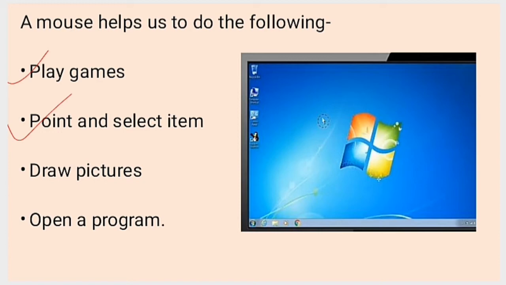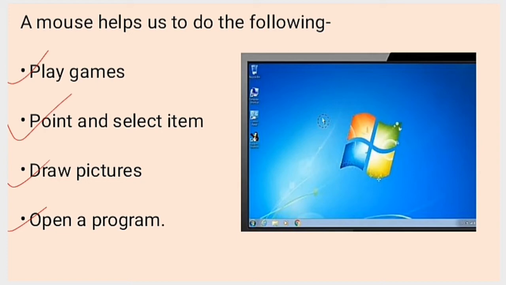Basically, it is used to point any object on the screen or to select any object on the screen. With the help of mouse, we can draw pictures, in MS Paint or Tux Paint. After that, it is also used to open a program. How we are going to open a program, we will learn in the next slide.